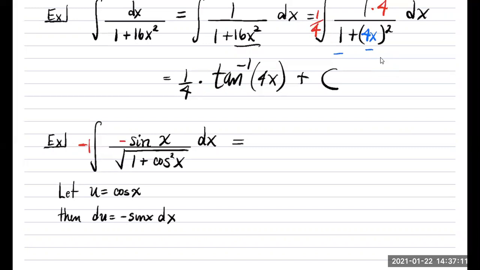Let's see what this gets us. Okay, and then we get 1 over the square root of 1 plus u squared.